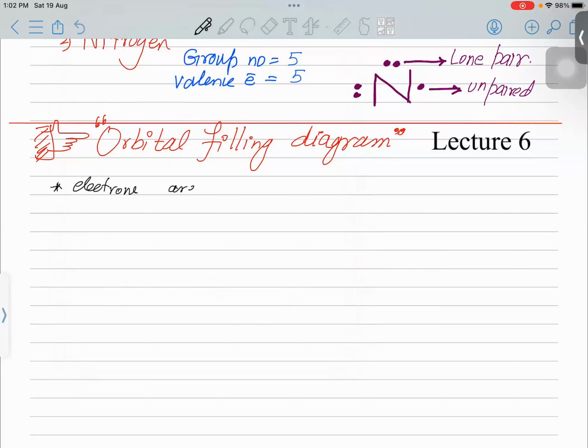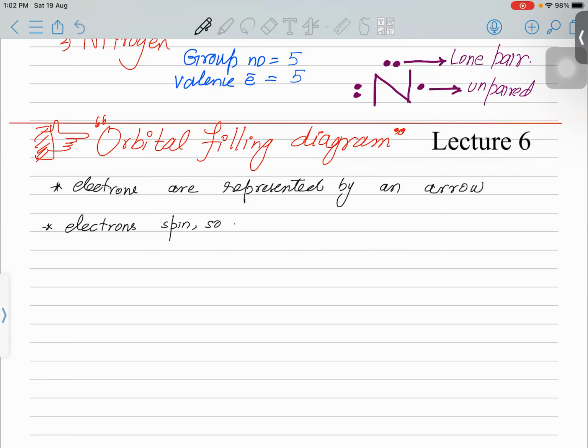Electrons are represented by an arrow. Electron spin.